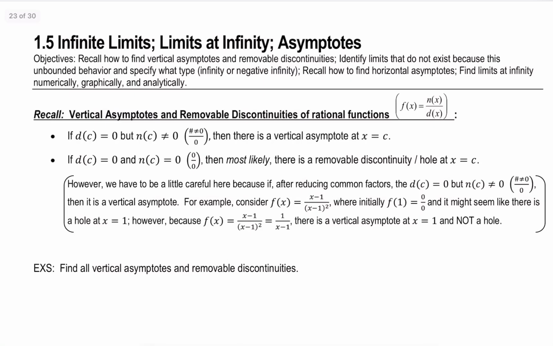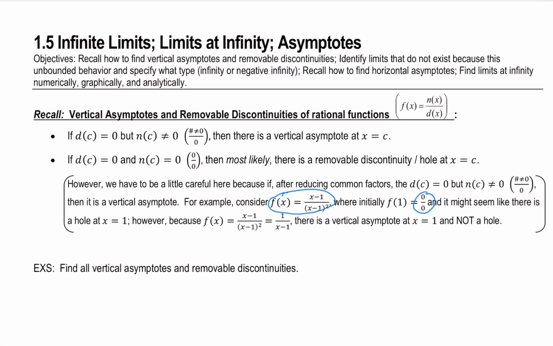Now, when you get a 0 over 0, and we've seen some of this before, that is typically going to be a little hole, a removable discontinuity at x equals c. The only thing I'll say is there is a little cautionary note here. Technically, in an example like x minus 1 over x minus 1 squared, if you sub in 1, you get 0 over 0.